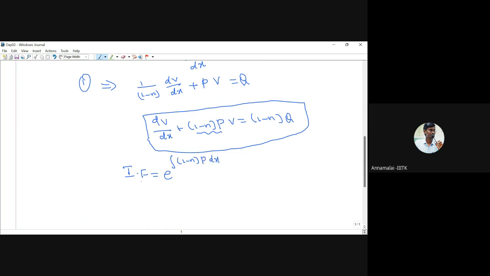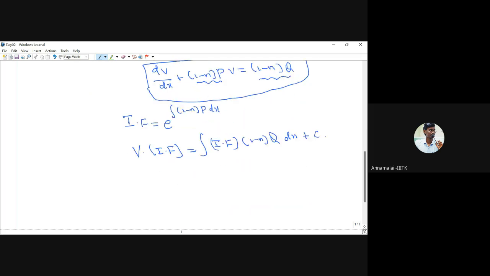Once you find the integrating factor, the solution is, here the dependent variable is v, therefore v into integrating factor equal to integral of integrating factor into the right hand side function, that is 1 minus n into q, dx plus c.